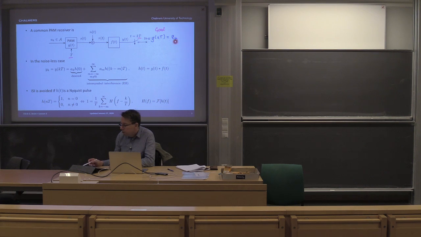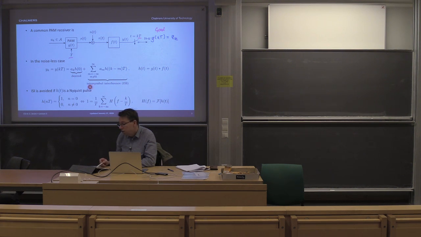And this is possible to do, at least if we set the noise to 0. If the noise is 0, we should really be able to do this, because noise is the only thing which is stopping us from transmitting information here. So in the noiseless case, we look at what the kth sample is, and we can write that as a desired term and an undesired term.